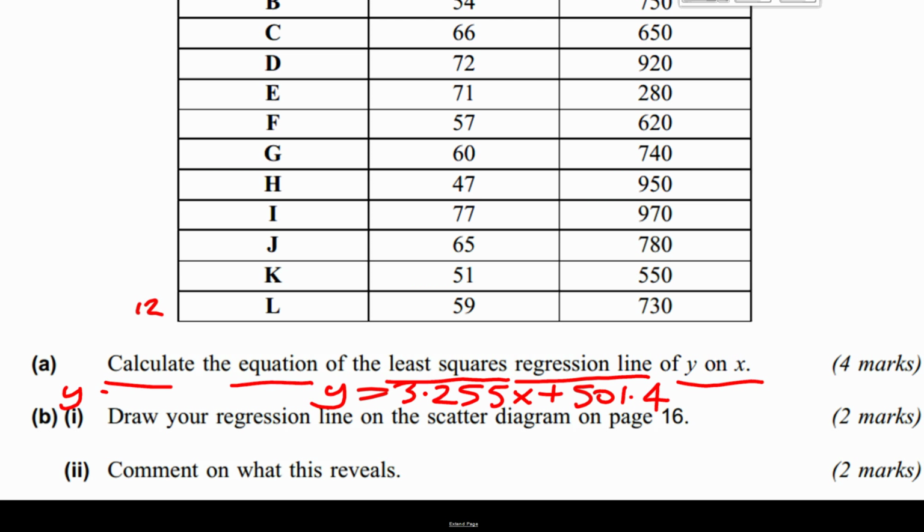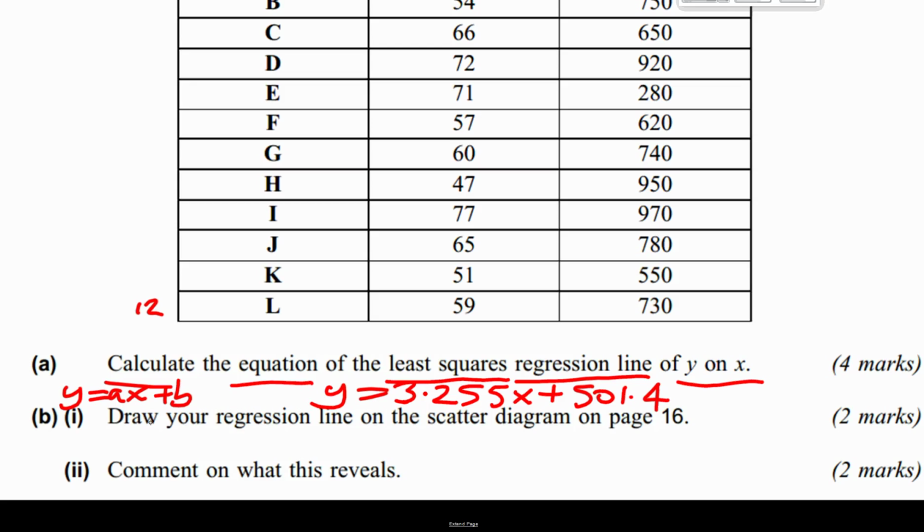What we've done is write y equals ax plus b from our calculator and substitute in the numbers. So there is our regression line, our least squares regression line. That's the first part, and that's our 4 marks.